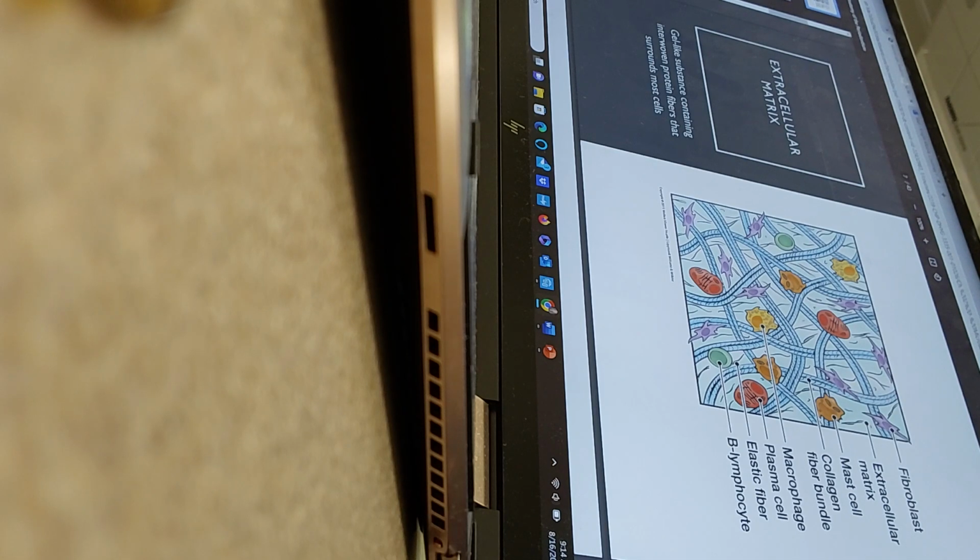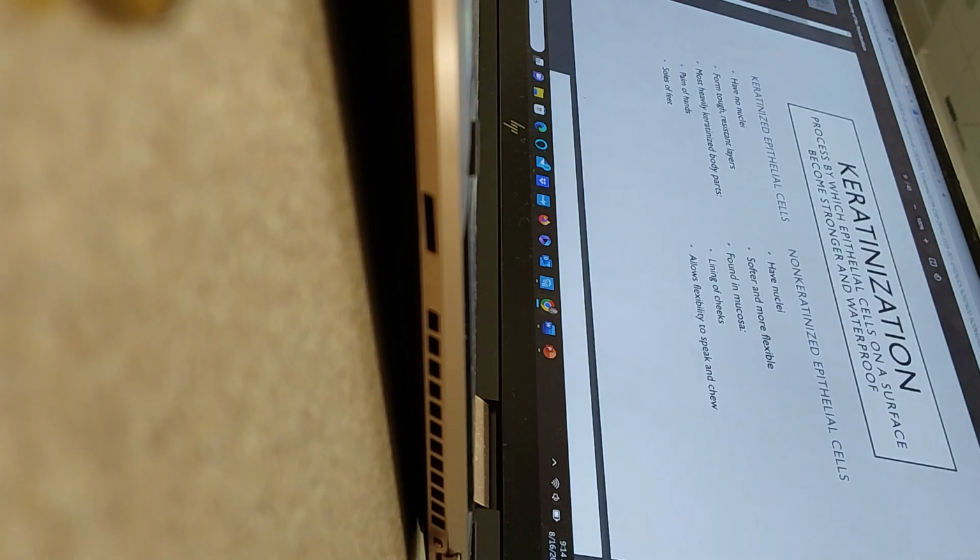Here's the wavy interface. Remember that? With this blue line, the basal lamina. Remember our cell junctions. Which one is this, that connects an epithelial cell to another epithelial cell?